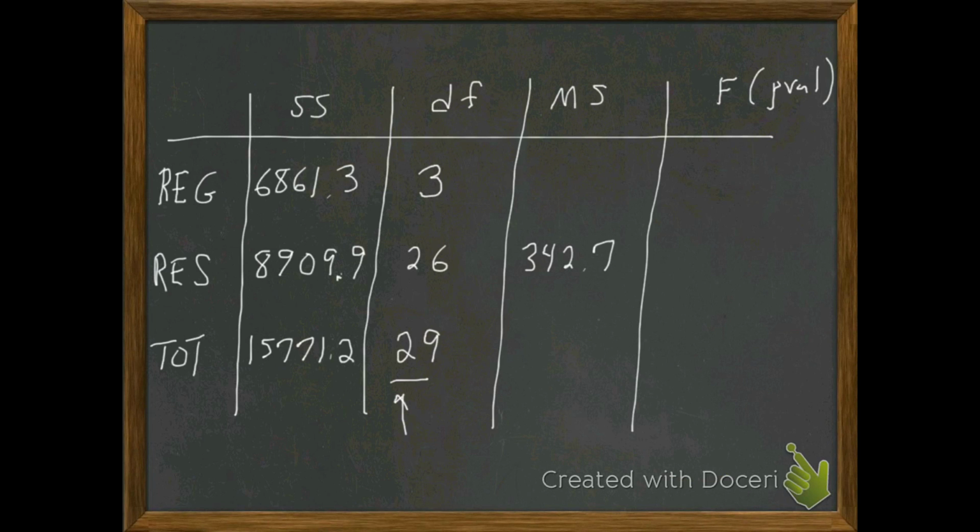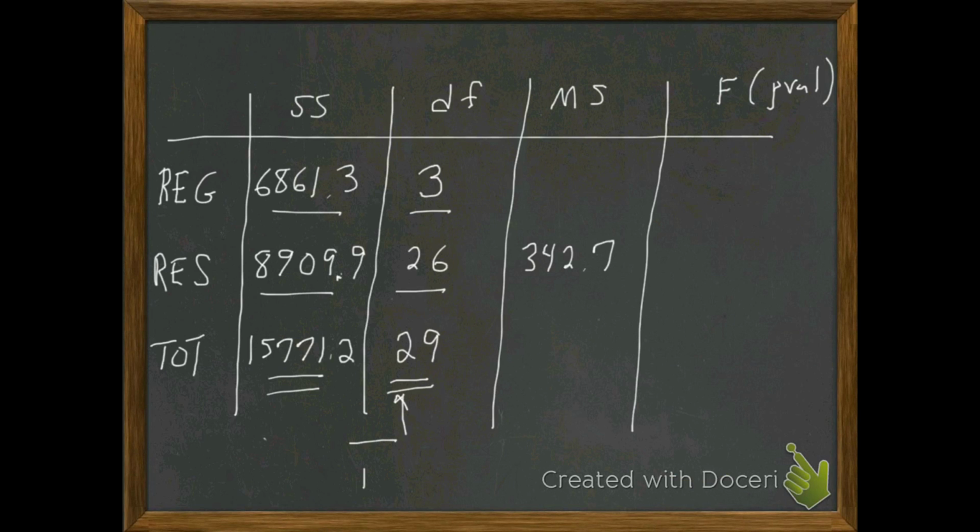So what you can gain from this is that the degrees of freedom for the total will always be n minus 1, regardless of whether the number of predictors is p minus 1 or k. So guys, remember, sum of squares for regression and sum of squares for our error residual are additive, so this number plus this number must equal this number. Remember, degrees of freedom are additive, so this number plus this number must equal that number.